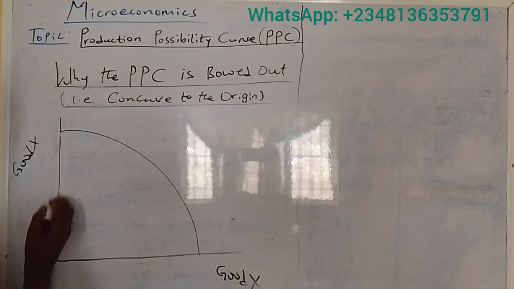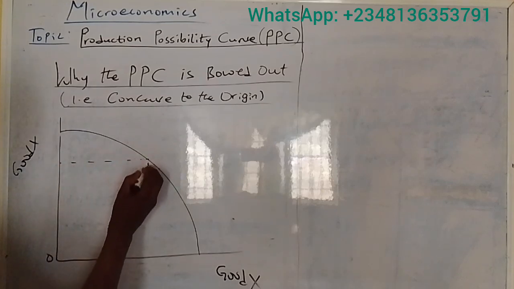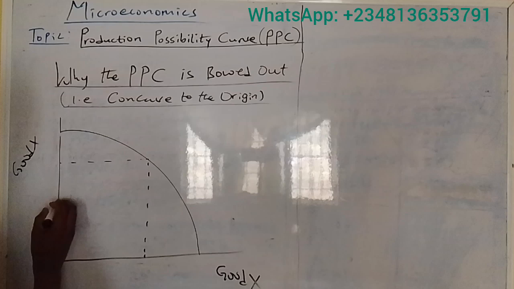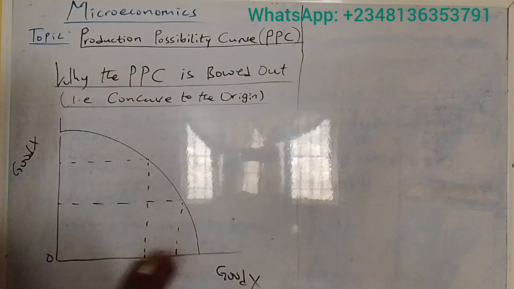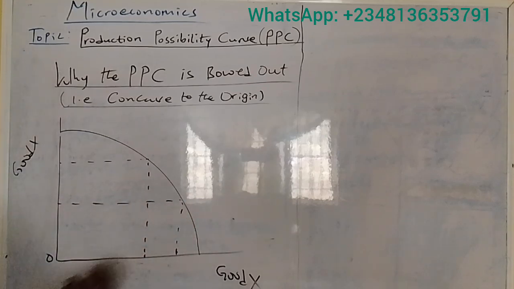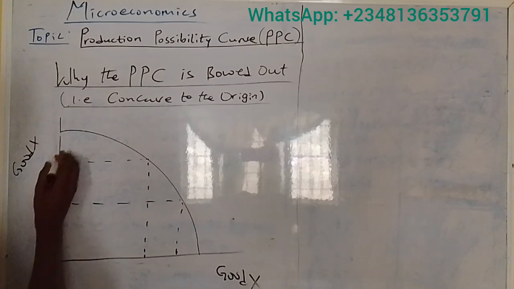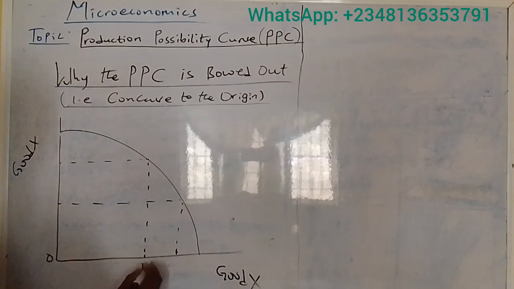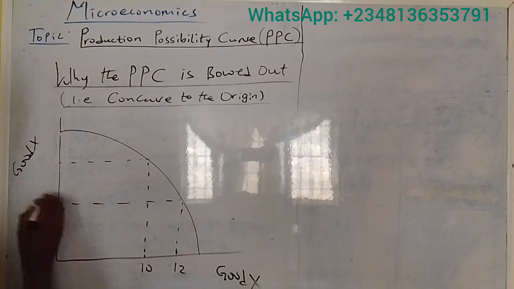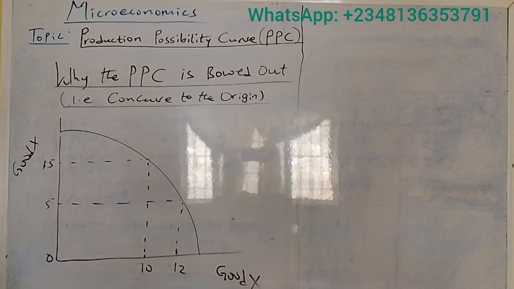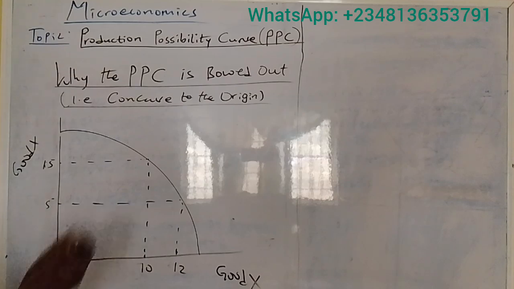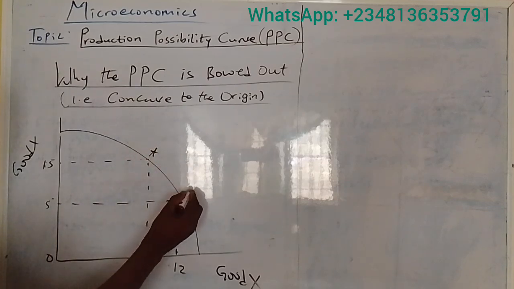Let's say here we have a particular point. Let's say we have 10 units, let's say 12 units, let's say 15 units here. Now let me name this point, let's say point A and point B.